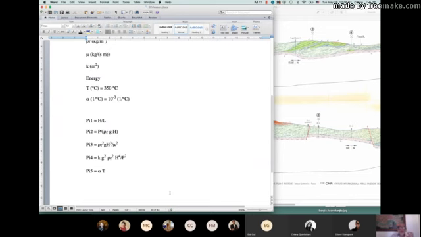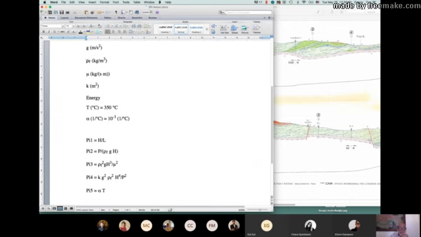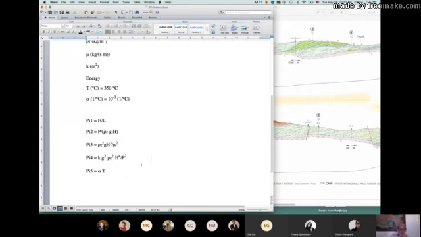Then I would like to add not just one density, but the density at the maximum temperature and the density at the minimum temperature. And accordingly, I will need to vary my dimensionless parameters.